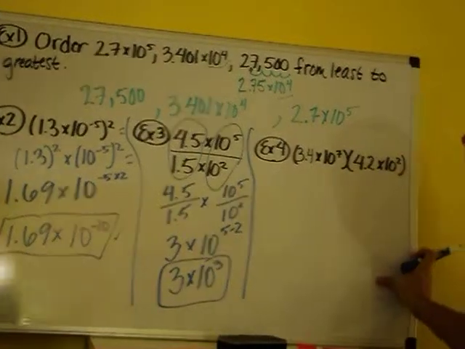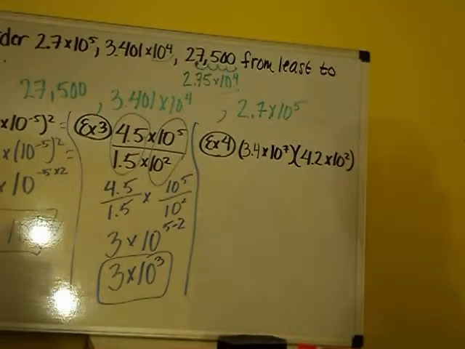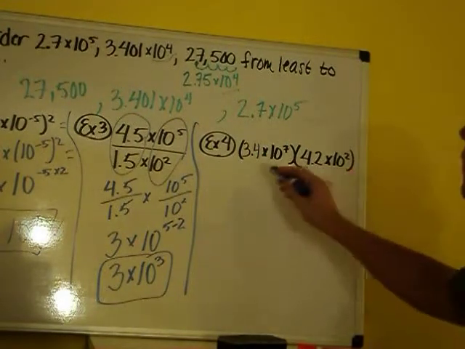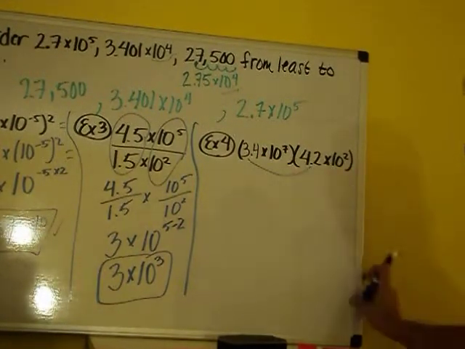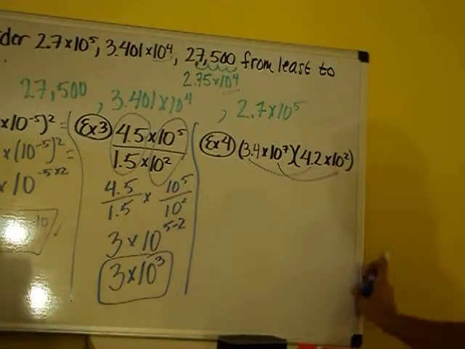And last but not least, we have this lovely problem: 3.4 times 10 to the 7th times 4.2 times 10 squared. We're going to multiply our c's together and then multiply our powers of 10 together.